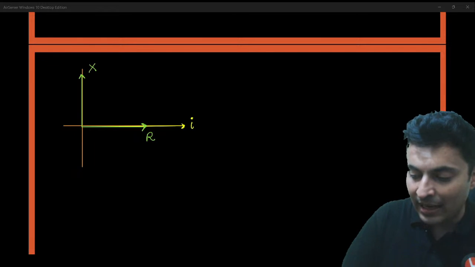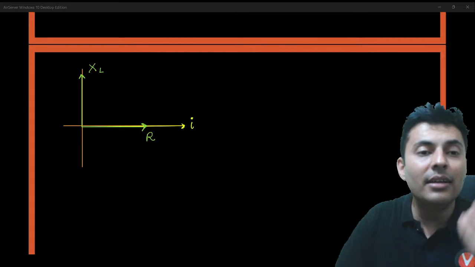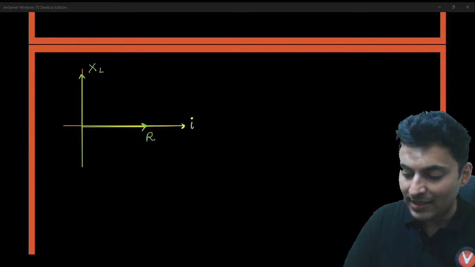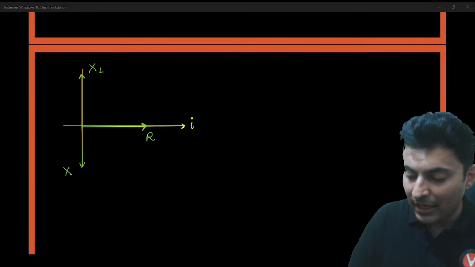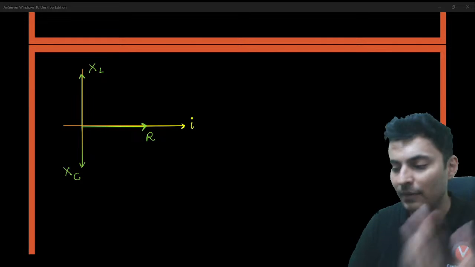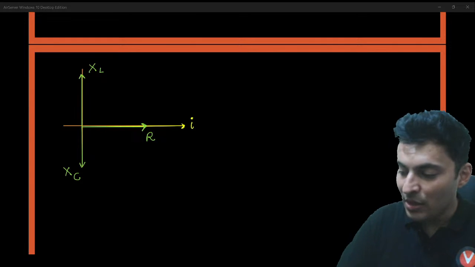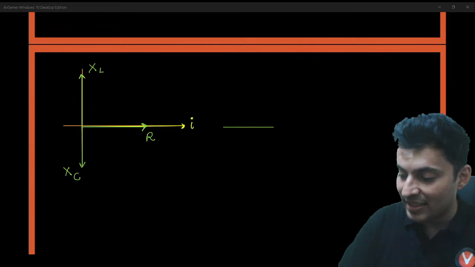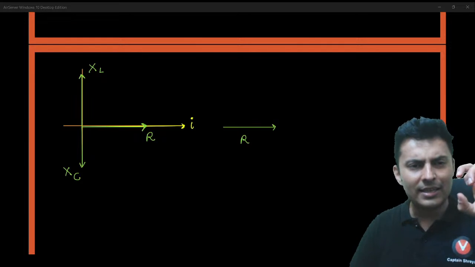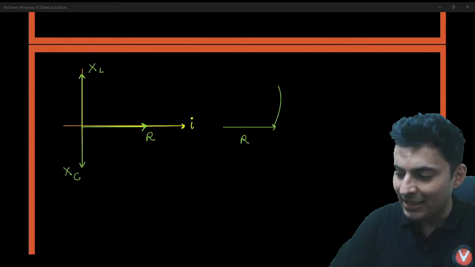So XL, this is your inductor's resistance called the inductive reactance, is on the top. You have XC below. The capacitor's resistance is called the capacitive reactance. So if you add these also vectorially, XL and XC are opposite, so they will partially cancel.